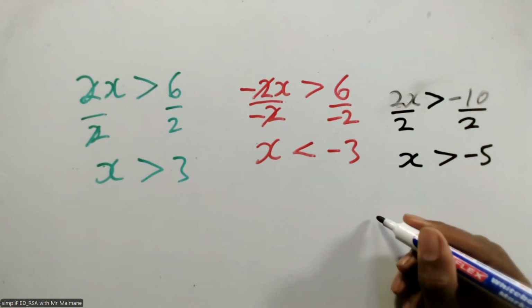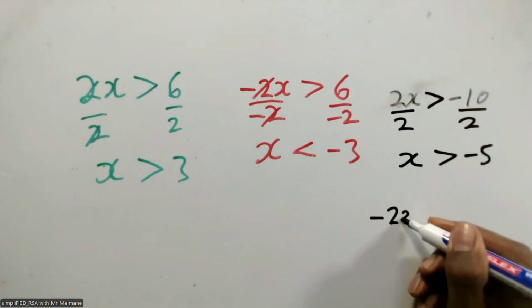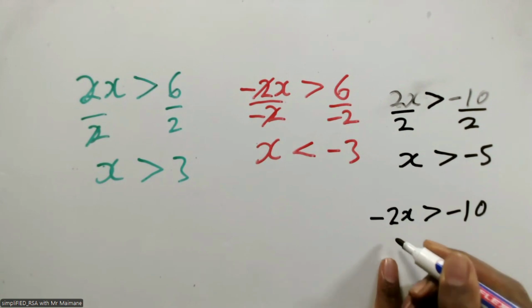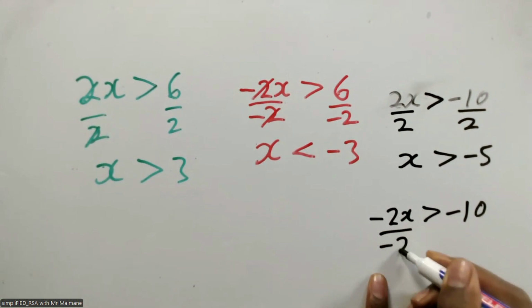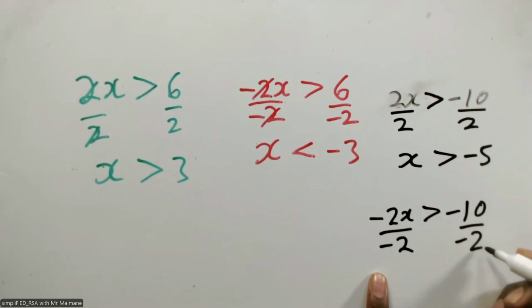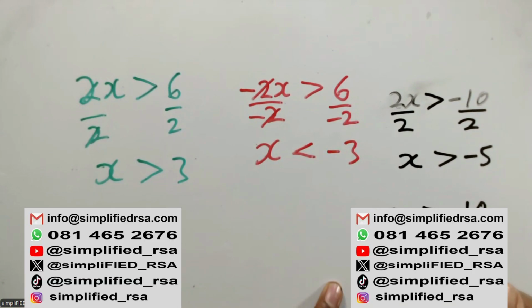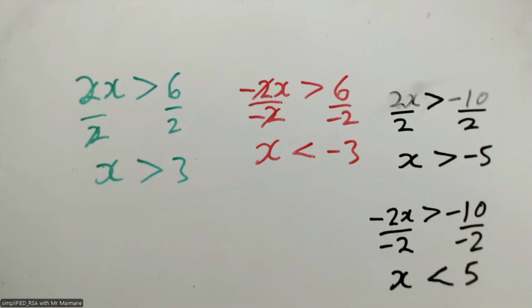But the moment I have minus 2x is greater than minus 10, the moment I divide by a negative number, then that's when the sign changes and faces the other direction, and then I will have x being less than 5.